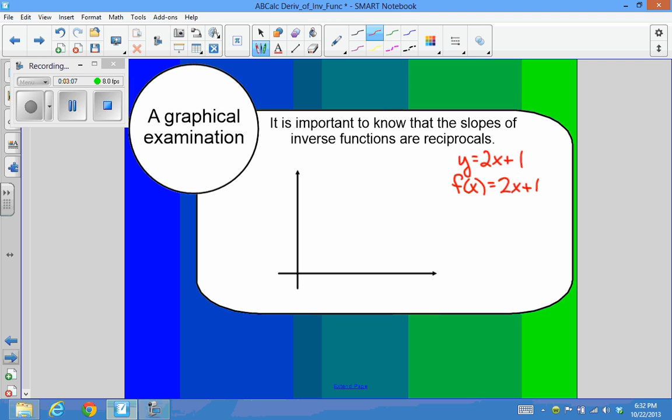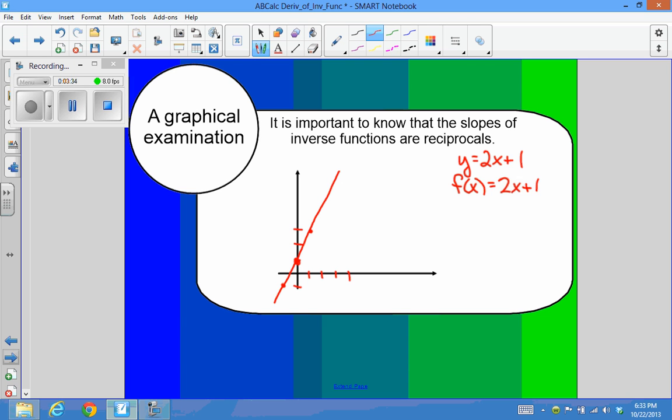If I graph that, I'm at 1 on the y-axis, and I need to rise 2 and run 1. Down 2 and back about 1. So there is an approximate graph of that right there.